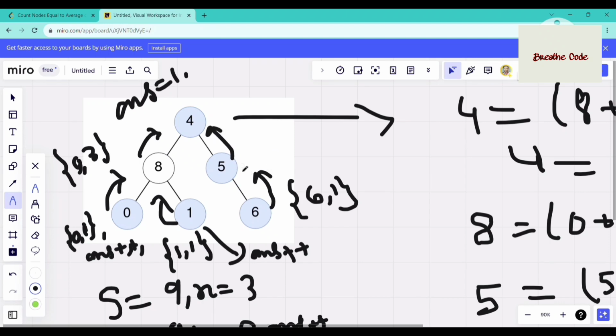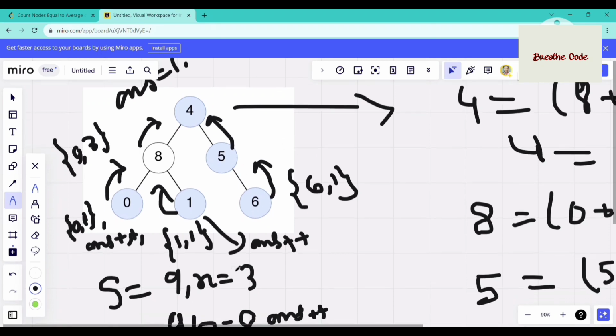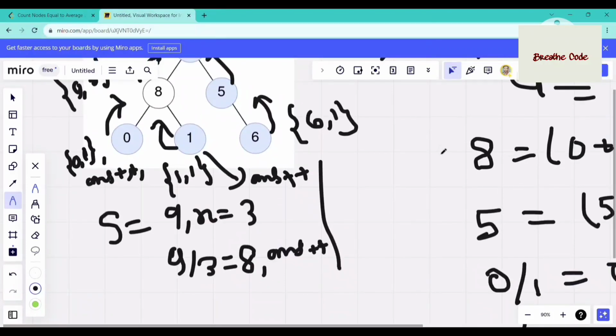So now this function will return, again I need to do the processing. The processing will be 5 plus 6 is 11. 11 divided by number of nodes, so number of nodes here will be 2. So I will increment my answer because 11 divided by 2 equals 5, so this condition becomes true.